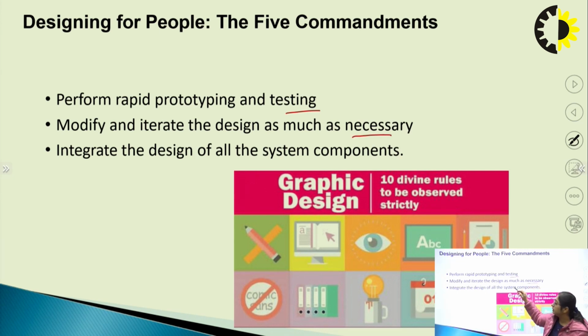And the third is integrate the designs of all the system components. When you integrate, you can see how your product is going to perform for the customer. Ultimately you find the performance of the interface.